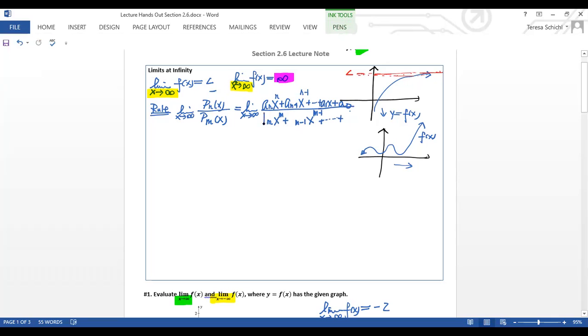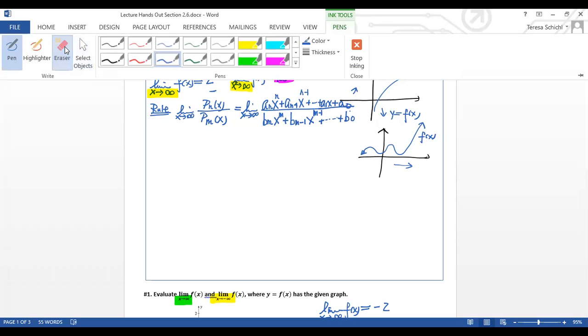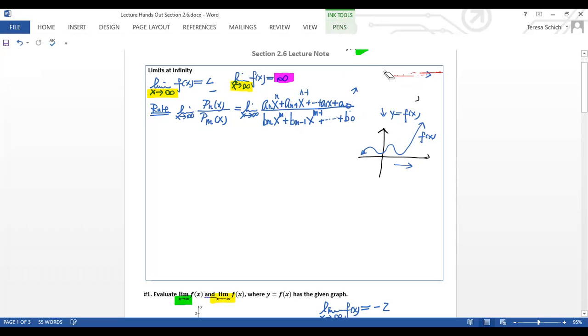So the first rule tells you how to find the limit for the two polynomials. If you put x to infinity, what are those polynomials going to be? Let me erase this graph so we can have more space to write.